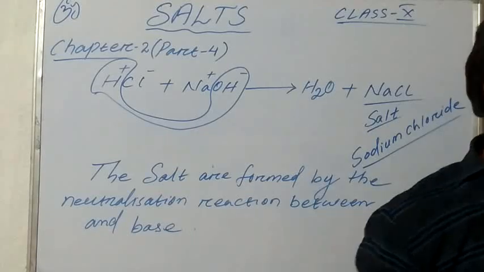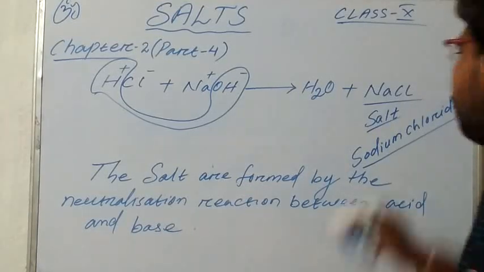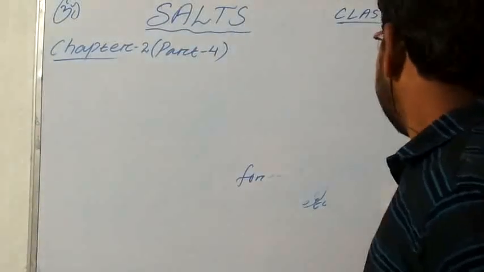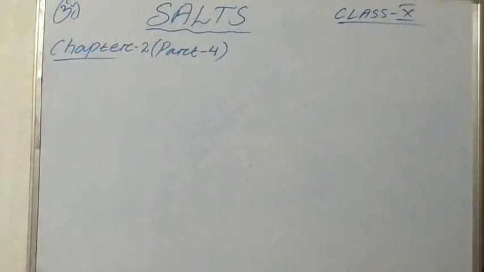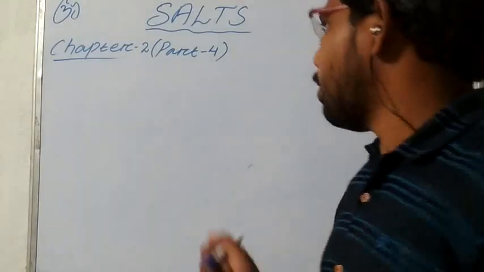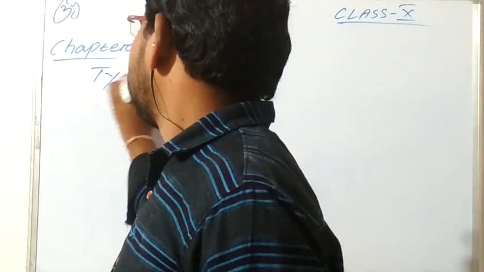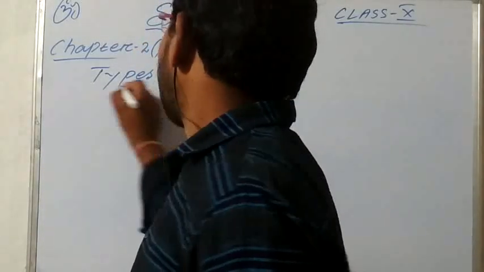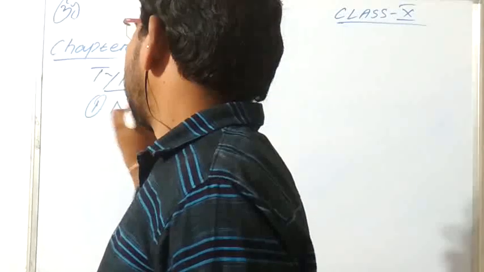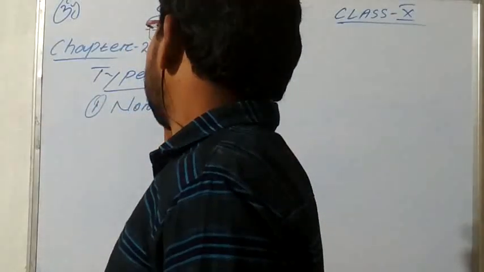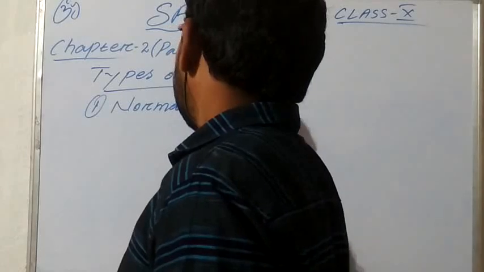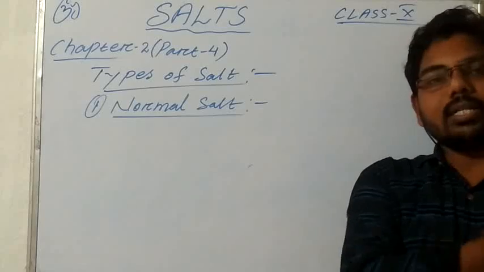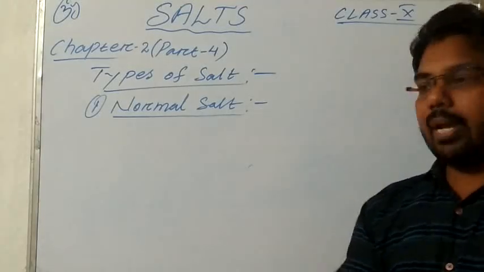Next we discuss the different types of salt. The first one is the normal salt, or neutral salt. Normal salt is formed by the reaction between a strong acid plus a strong base.